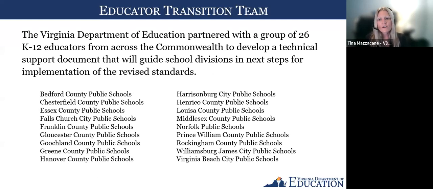They represent large divisions, small divisions, and all the sizes in between. Their varying perspectives have been really critical in bringing strength to the work that we've been doing, because they're able to talk about the needs from their perspective in their division. That has been a real treat in allowing us to create supports that help all different divisions in implementing the standards. So thank you to those of you in the audience that have helped with those.